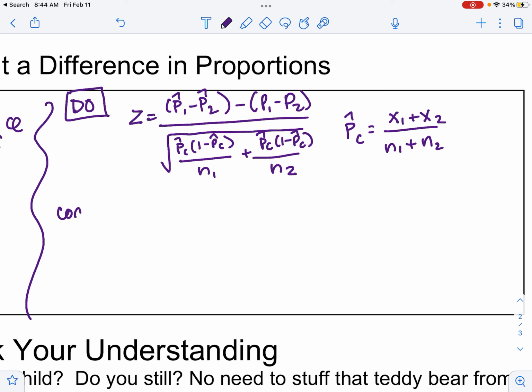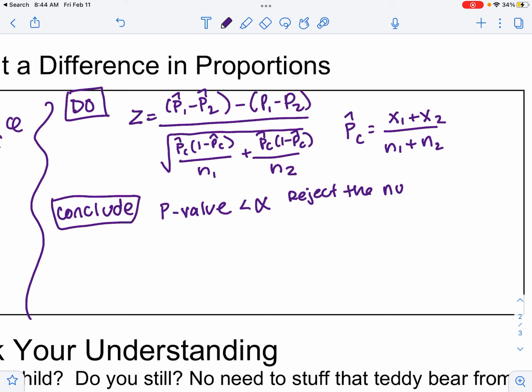And lastly, we conclude. When I conclude, remember that we test our p-value. If it is less than the significance level, then we reject the null and we have convincing evidence for the alternative.